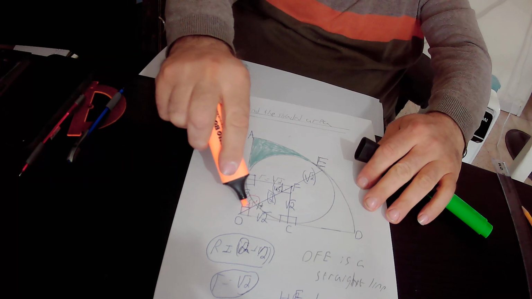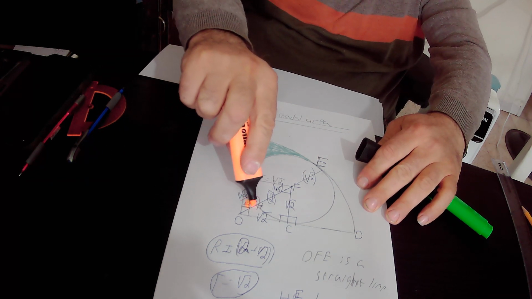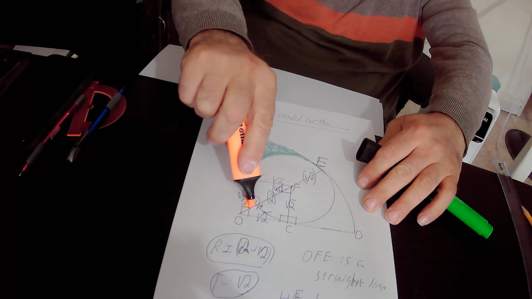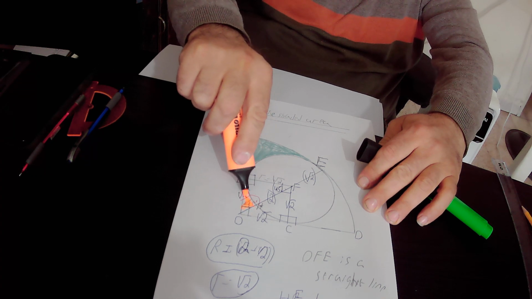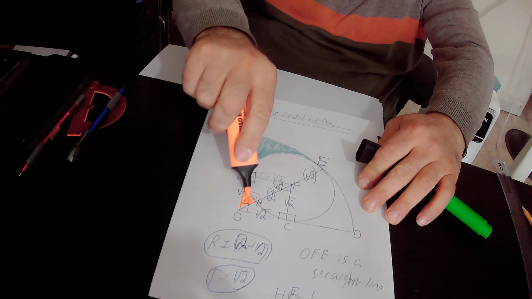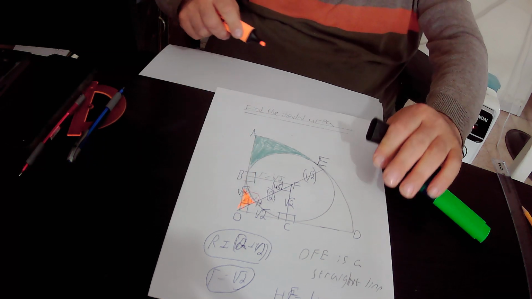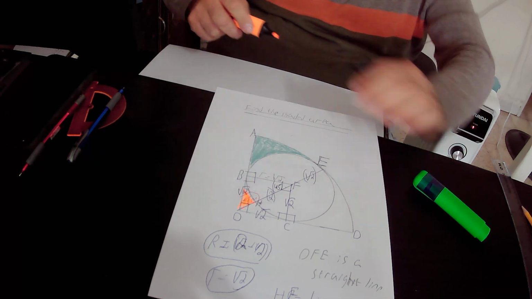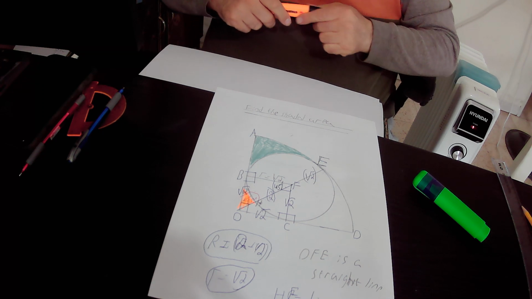The shape in the orange color is the shape BHO. What is the area of shape BHO?